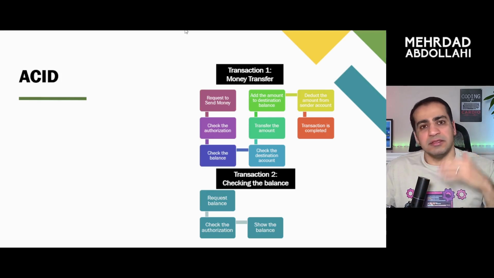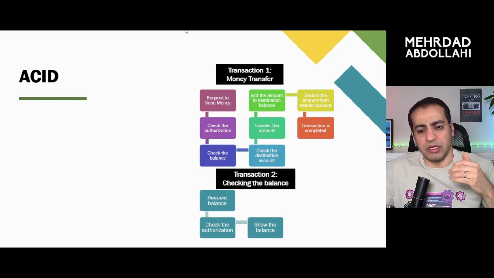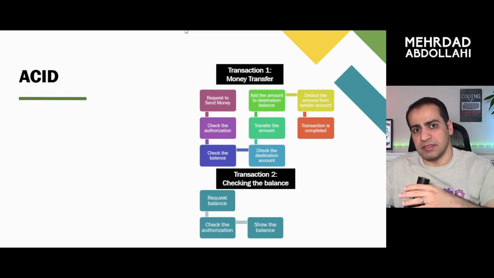At the end, we have a complete transaction. Transaction number two is a short transaction, like checking the balance of the banking account, where we request the balance, then check the authorization and show the balance.